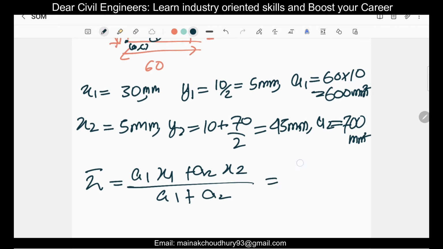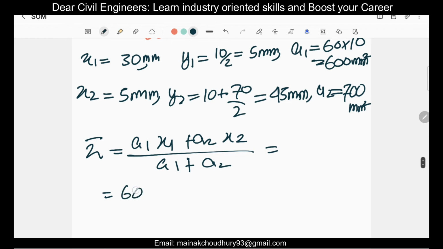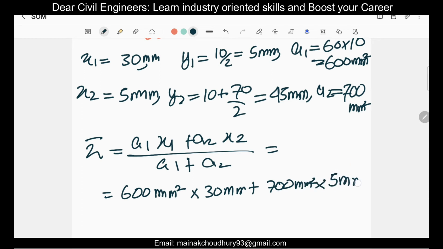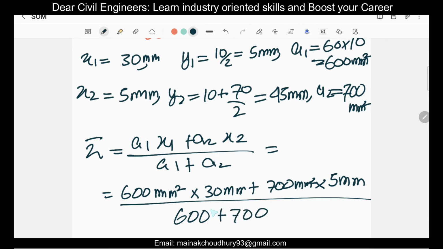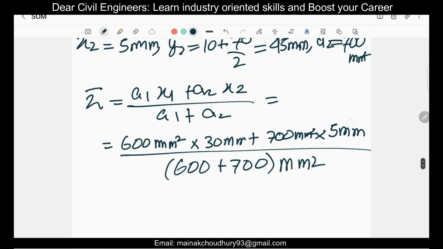So it is equal to your 600 mm square into x1, that is 30 mm, and plus a2, that is 700 mm square, into x2, that is 5 mm, divided by a1 plus a2, that is 600 plus 700 mm square. So if we calculate this, this will come as your 16.54 mm, right?